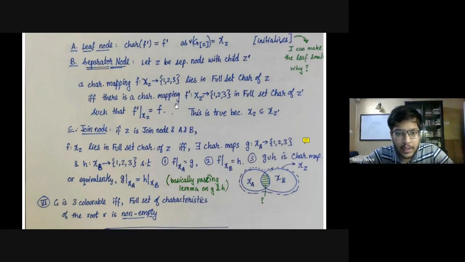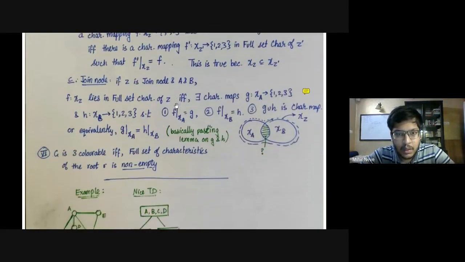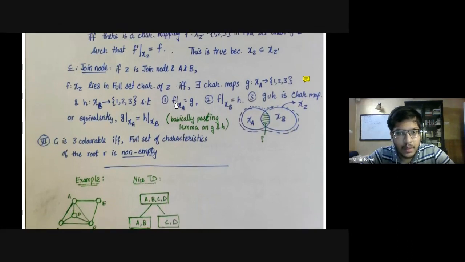Okay, so I think that's there. The last part that we have to look at is a join node, and join node is basically very simple. For a join node, you have z and it has two children a and b, and chi-z is a union of chi-a and chi-b.